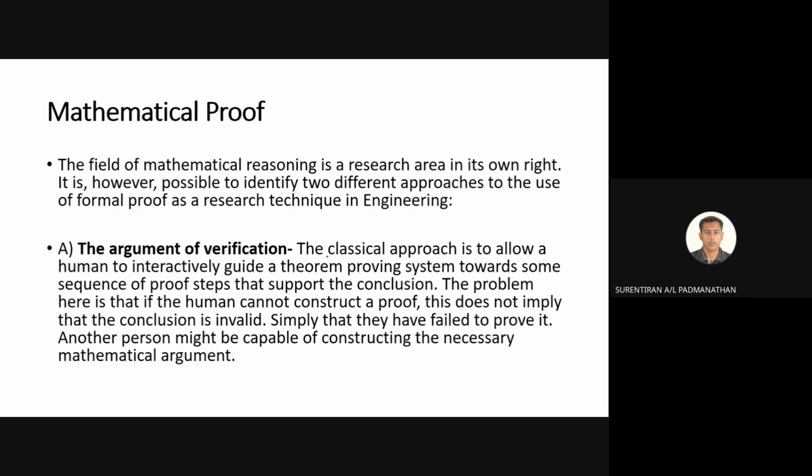The classical approach is to allow a human to interactively guide a theorem proving system towards some sequence of proof steps that can be supported in the conclusion. The problem here is that if the human cannot construct a proof, this does not imply that the conclusion is invalid. Okay, simply that they have failed to prove it.